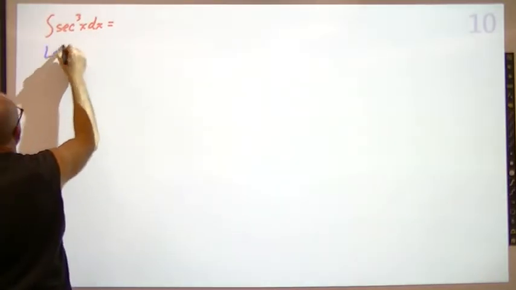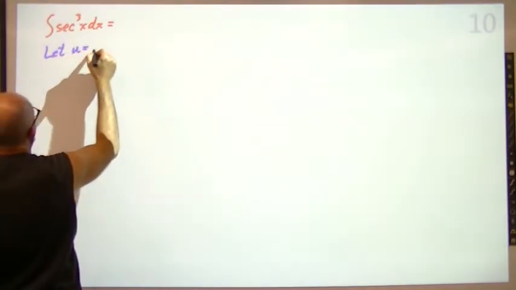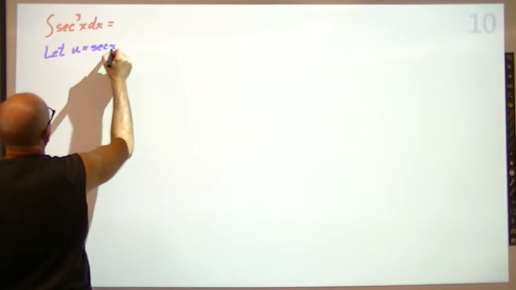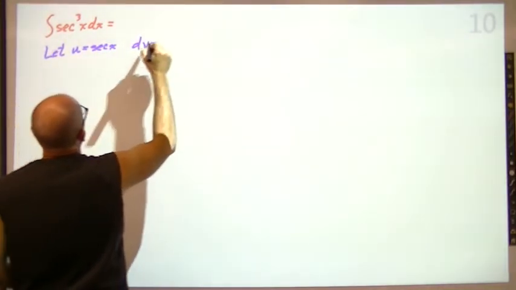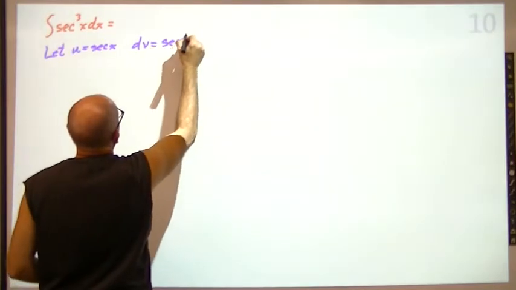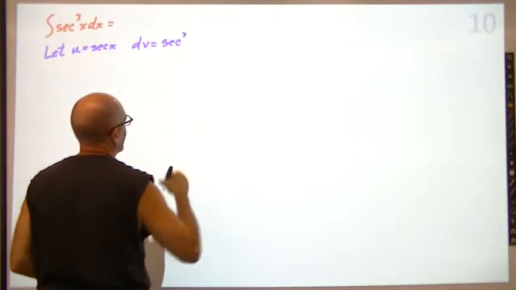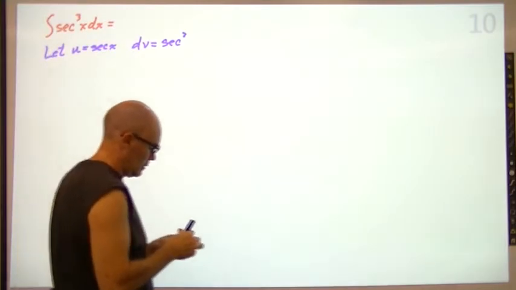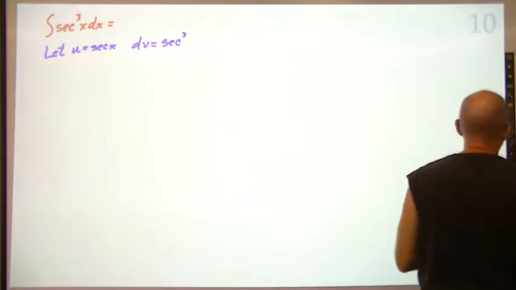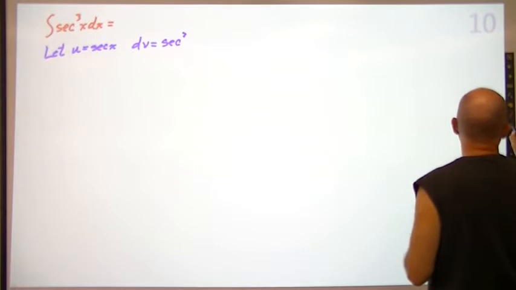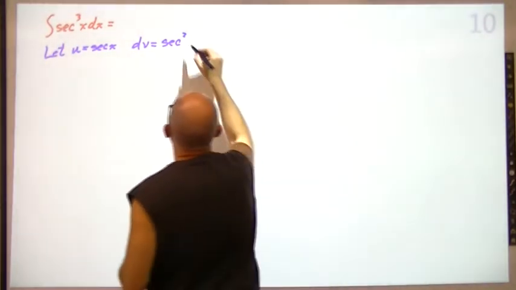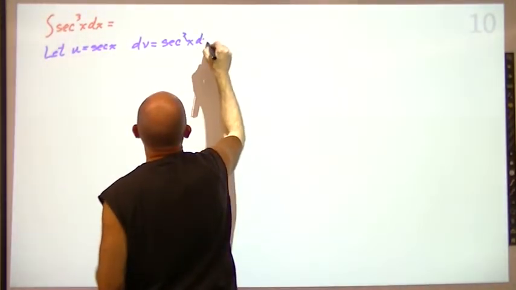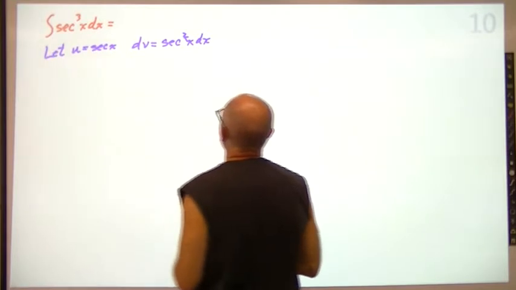We're going to let u equal secant x, and then dv equals secant squared x dx.